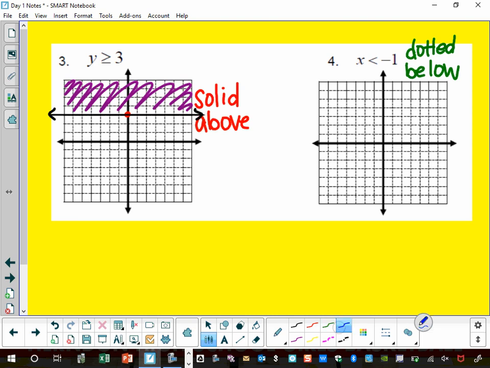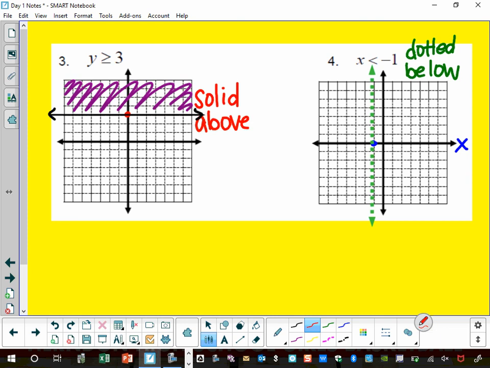So I'm going to go to my x-axis to negative 1. Will this be a vertical or a horizontal line? Vertical, good. And I'm going to draw my dotted line here.